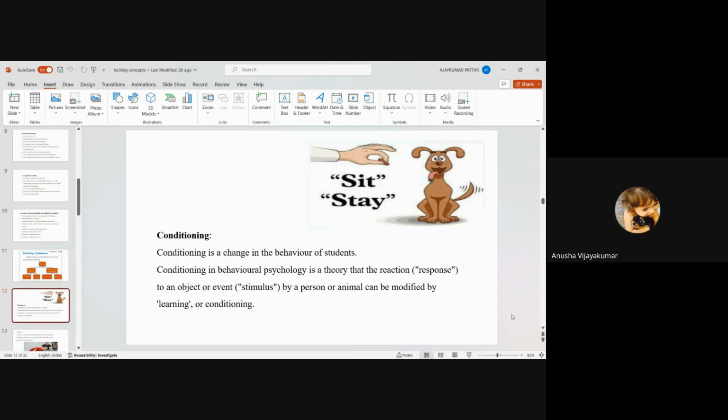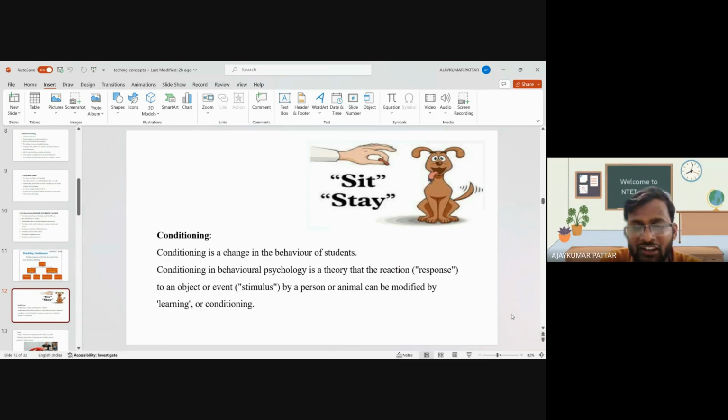कंडीशनिंग कब बोलना है? That method of teaching, when do we call it conditioning? When it makes some changes of behavior of the student for a particular stimulus or event. For example, किसी का कुछ अच्छा हो गया, so we will wish, we will show gratitude, by that event or stimuli our behavior will change.